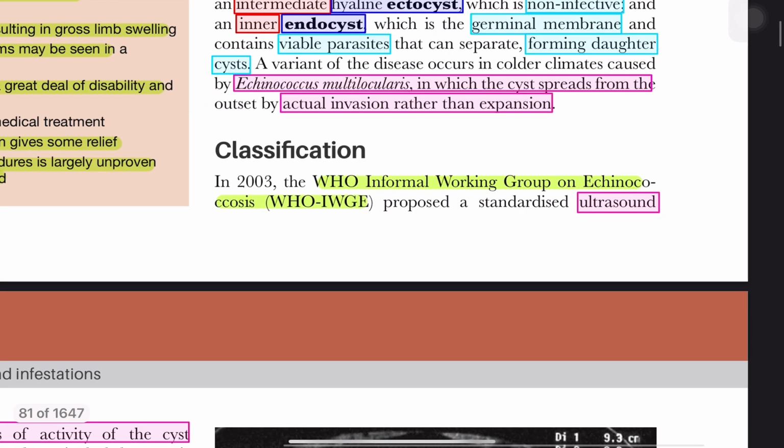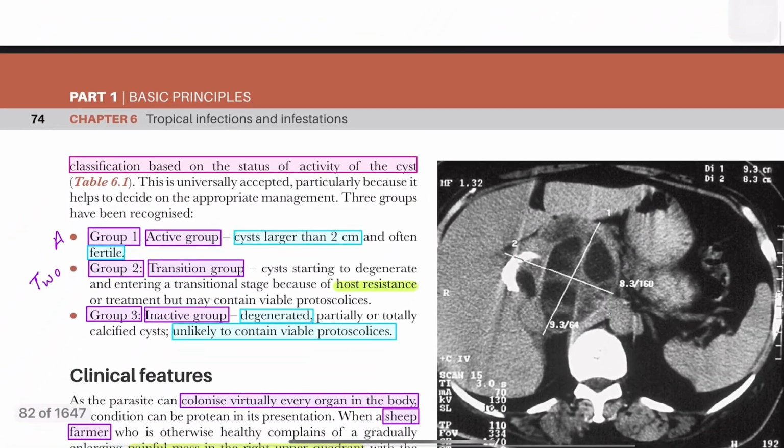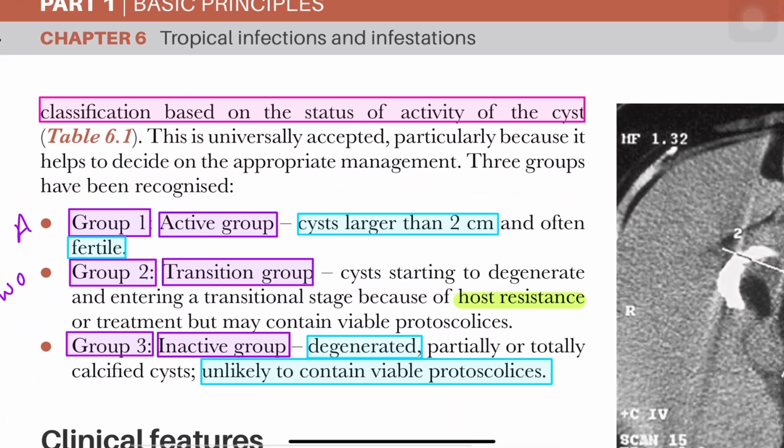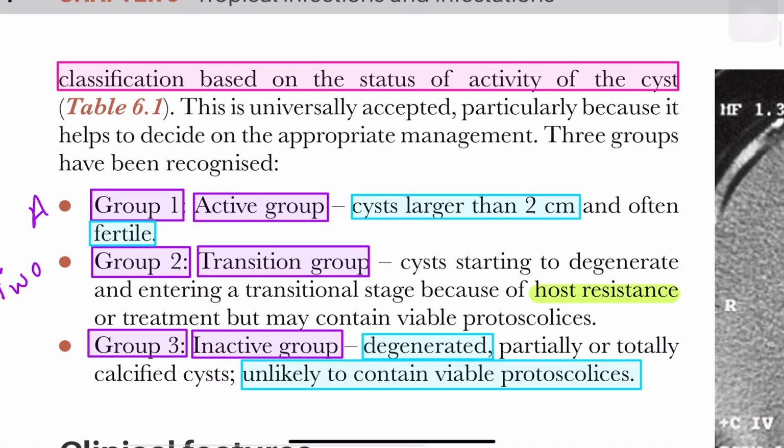WHO has given an ultrasound-based classification, based on the status of activity of the cyst. This is outdated, but still given in New Bailey. Based on activity of the cyst, there are 3 groups. Group 1 is active, a cyst larger than 2 cm and fertile.